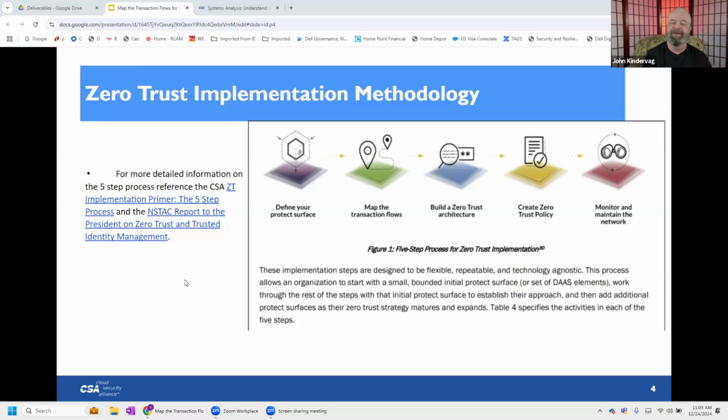So then I injected step two, mapping the transaction flows, so that you can understand how the system works together as a system, because we're trying to protect not just the DAAS elements, right? As I said in the previous discussion, really the first step was define your data back in the early days. And then people said, we can use this for more things.